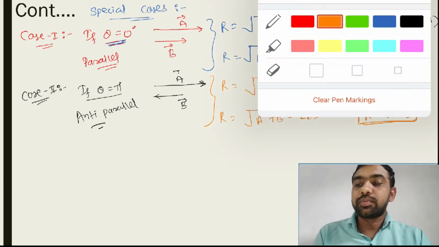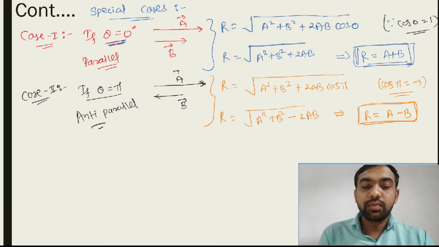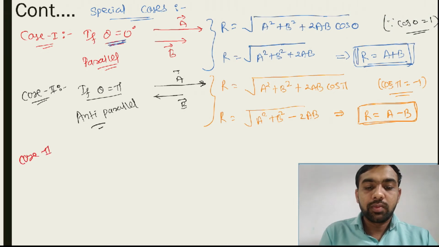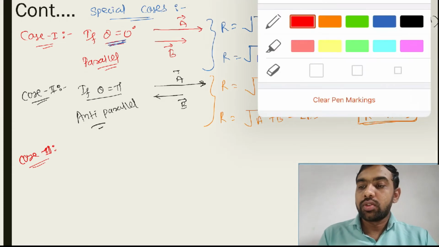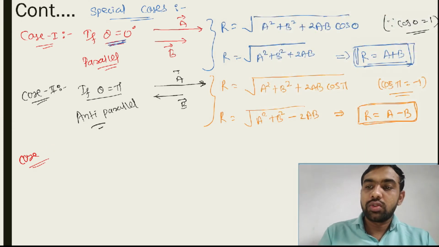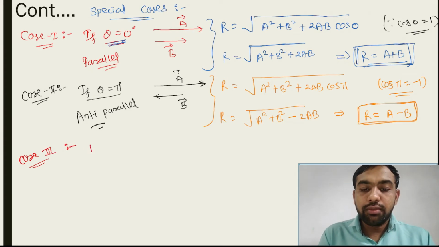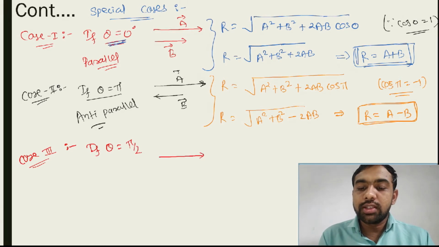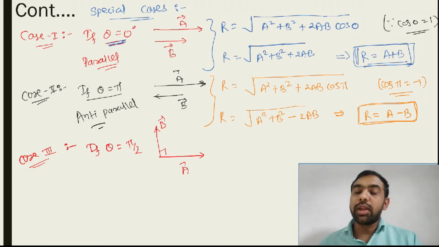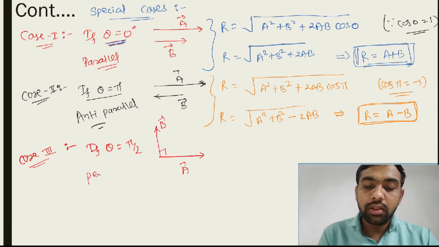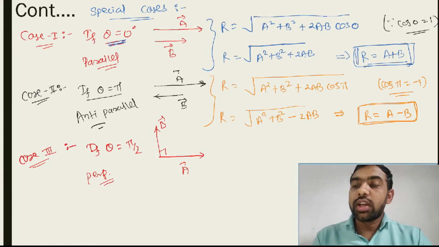And case 3, if theta is equal to pi by 2, a is like this and b is like this. So pi by 2 means perpendicular. What happens in this situation?